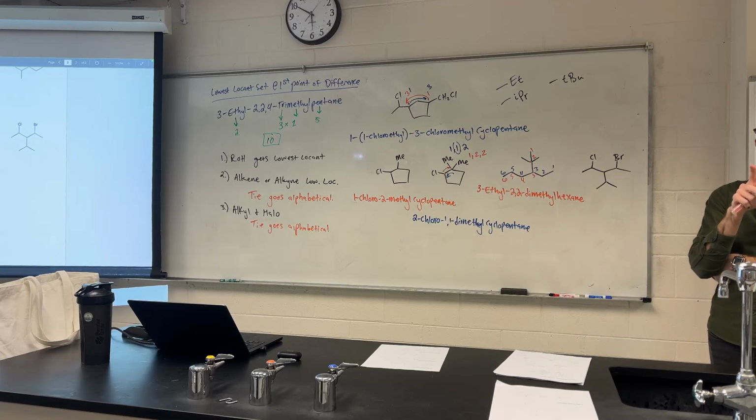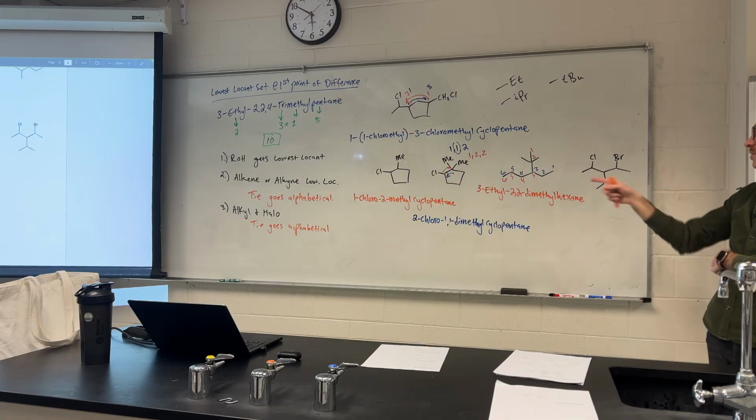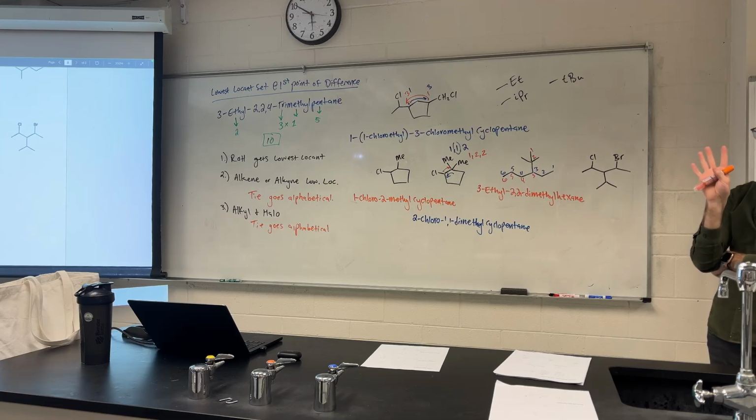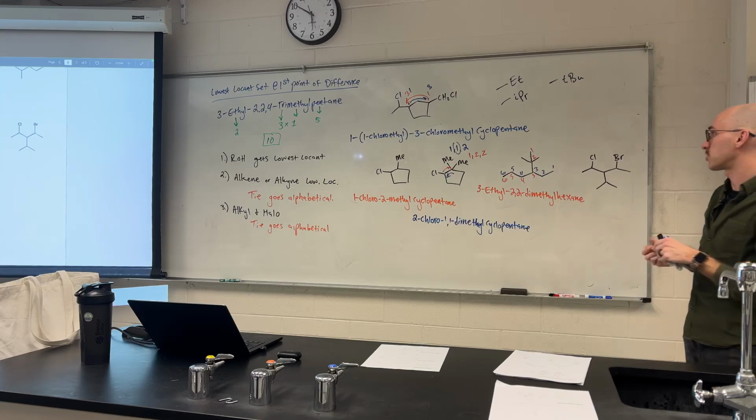I do want to point out something that often gets missed. Students will write this name as 3-ethyl 2-methyl hexane, or 3-ethyl 2-dimethyl hexane, as if to tell me that the dimethyl clarifies that both methyl groups are on the second position.